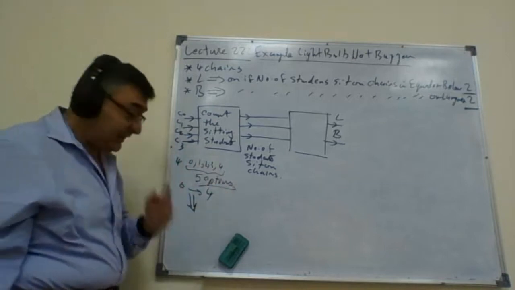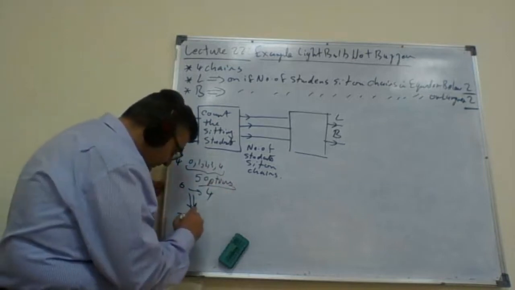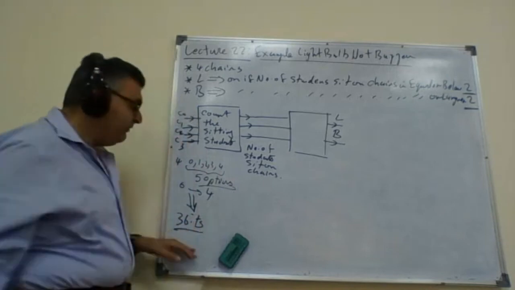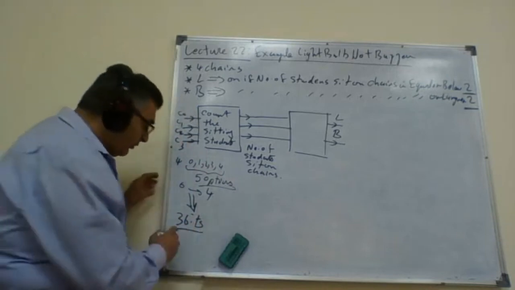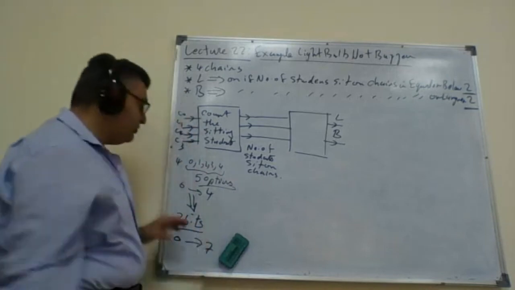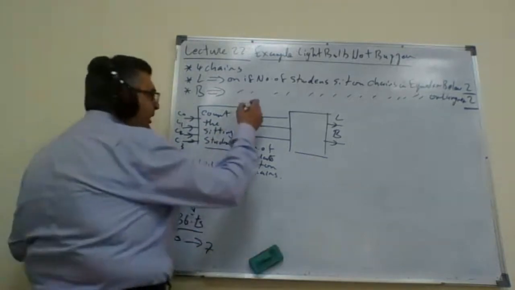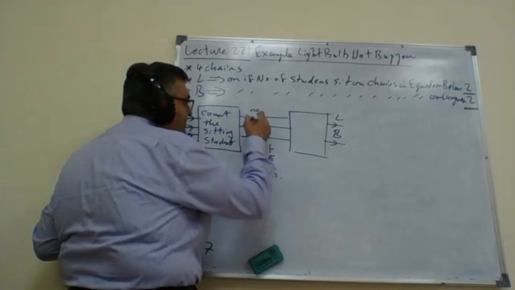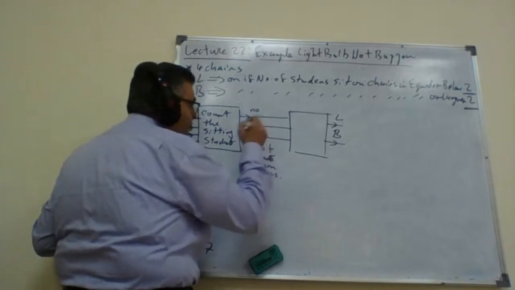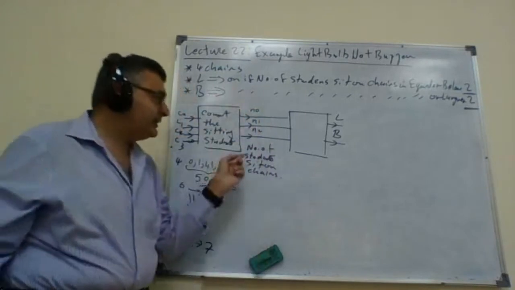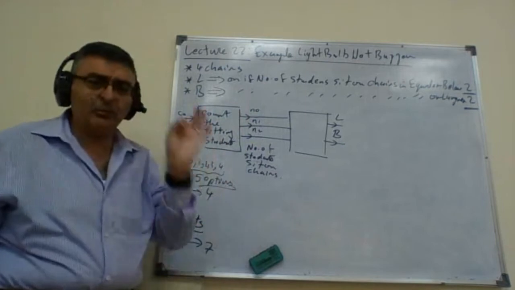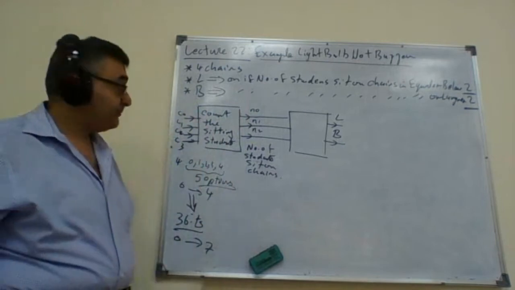Can I use 3 bits? Yes. 3 bits will give me a range of values from 0 to 7. So I have to use at least 3 bits as the output here, and I will call them N0, N1, and N2. N here, the output, represents the number of students sitting on the chairs.